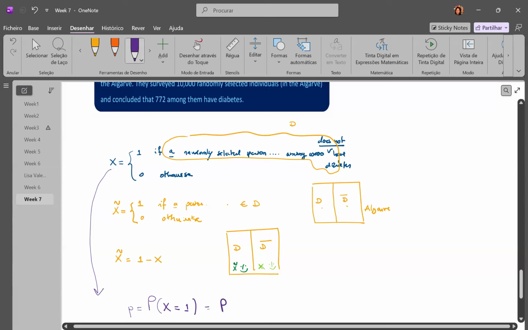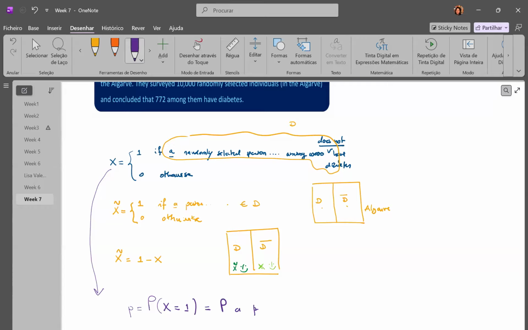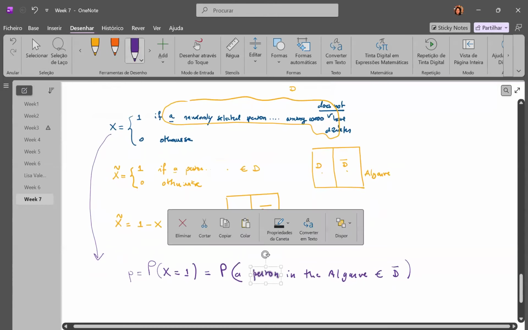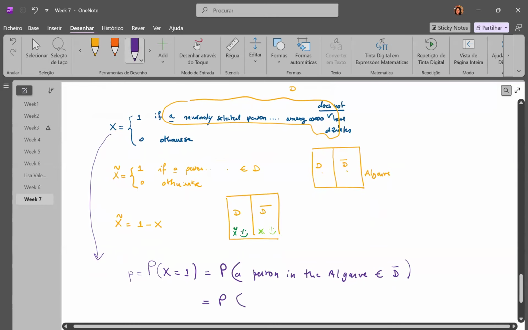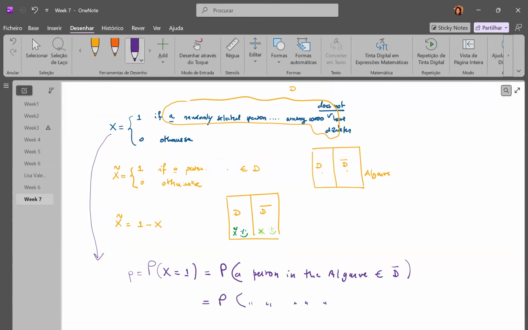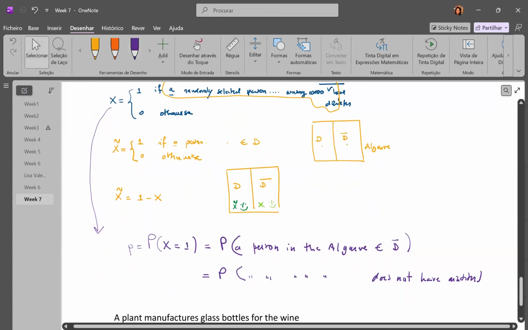So in this case, it is the probability of a person in the Algarve belonging to the complement of D, or the probability of a person in the Algarve not having diabetes. Do you agree?